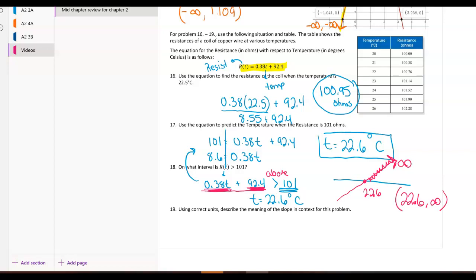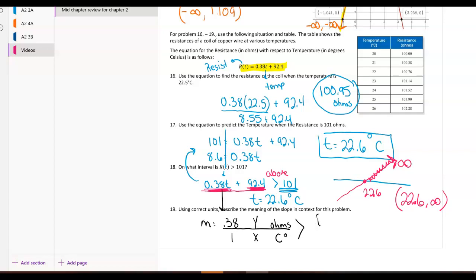Yeah, and underline. All right, and then using correct units, describe the meaning of the slope in context. Well, m is always married to x. So my m is 0.38, but if you remember our story about the tables, we've got our wine glasses on the top, which is our ohms, that's y, and our x is in the denominator, which is our temperature, Celsius.